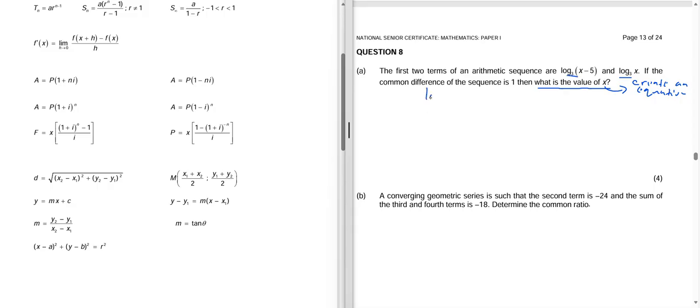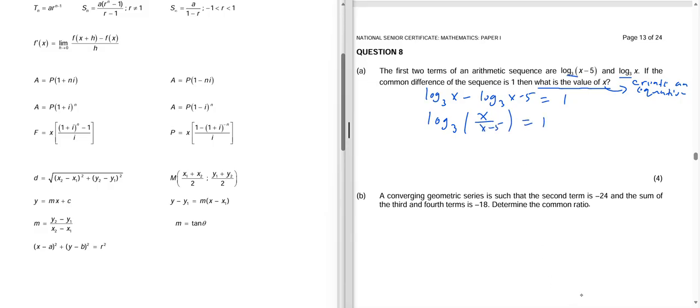That means we have log base 3 of x minus log base 3 of (x minus 5) equals 1. Using our laws of logarithms, we can get a single term, which is log base 3 of x over (x minus 5) equals 1.